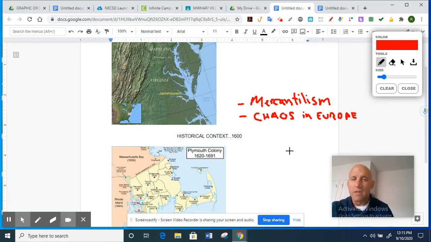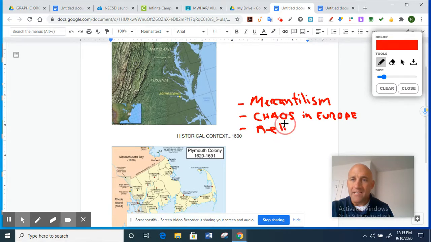So a lot of the early migrants that came from Europe were actually religious refugees. They were being persecuted, specifically the Puritans, right? If you remember earlier in your school days when you learned about the Puritans, so religious freedom. Okay.